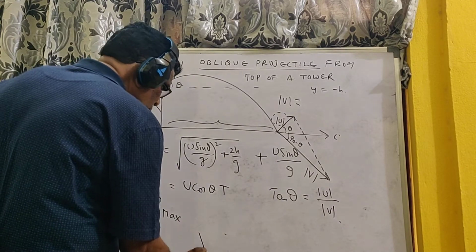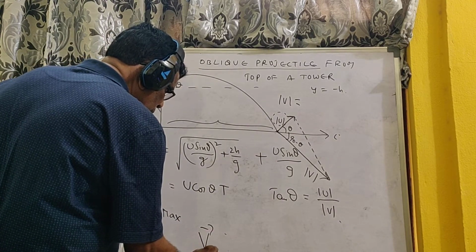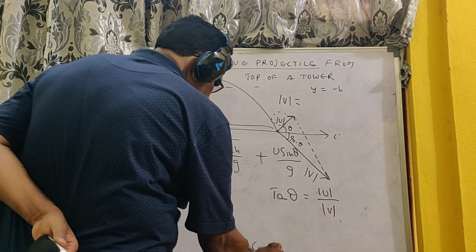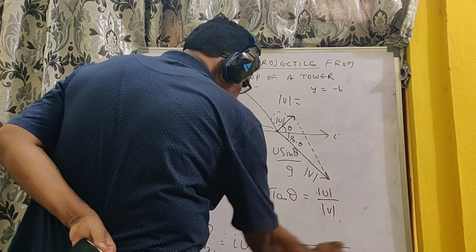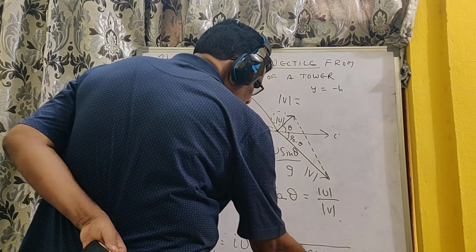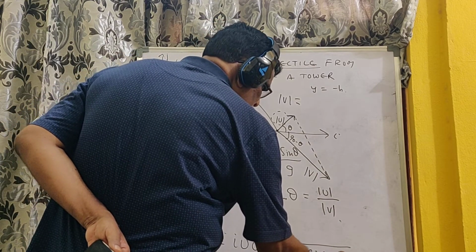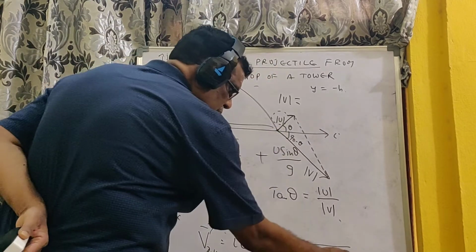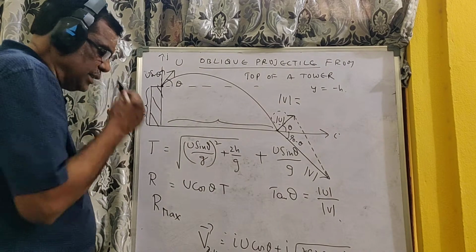I'll just write down that expression for you here. It is i u cos theta plus j into root of u square sin square theta plus 2 g h, since minus g into minus h becomes plus.